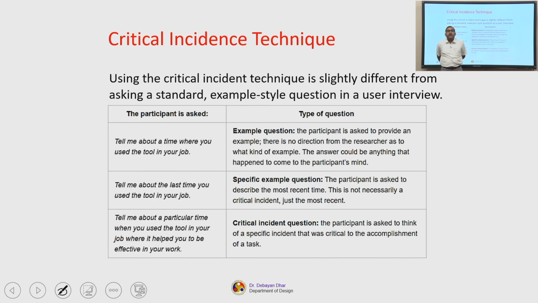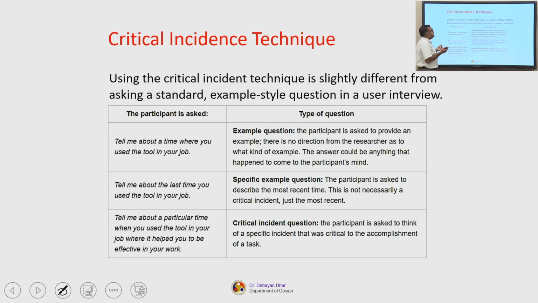So, using the critical incident technique is slightly different from asking a standard or an example style question in an interview. What you can see in this slide is a table where the participant is asked, like, tell me about a time where you use the tool in your job. Now, what type of question is this?